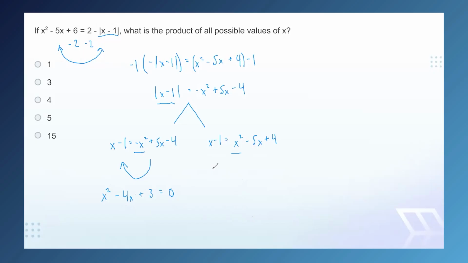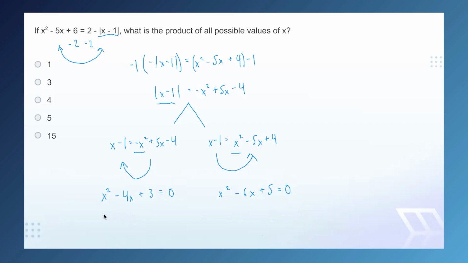And then in the second equation, I'm going to manipulate so that my left side terms go to the right side in order to keep this term positive. So that's going to give me x squared minus 6x plus 5 equals 0. From here, we're going to factor, and this is where having a positive first term really helps, at least for me, in not making factoring errors.